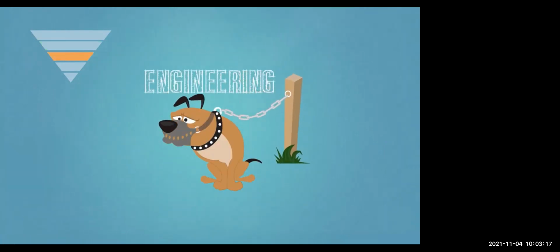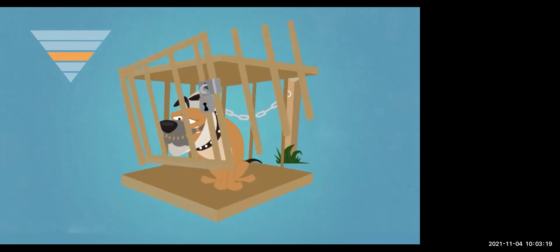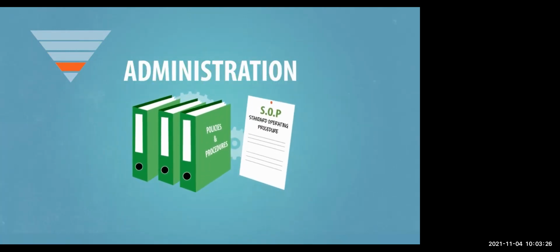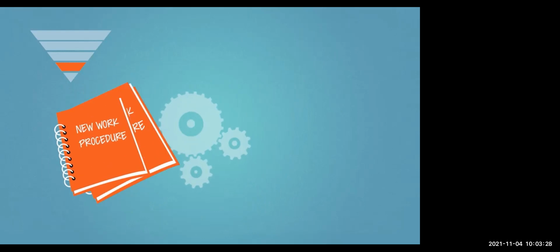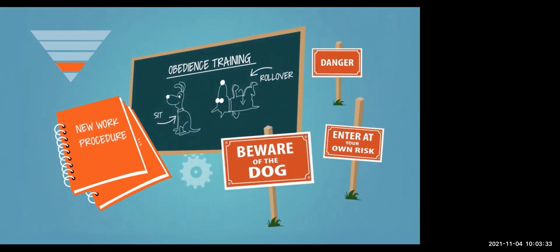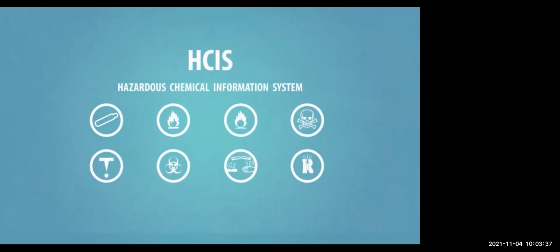These do not eliminate hazards, but rather isolate people from hazards. Administrative controls are changes to the way people work. Examples of administrative controls include procedure changes, employment training, and installation of signs and warning labels, such as those in the Hazardous Chemical Information System.